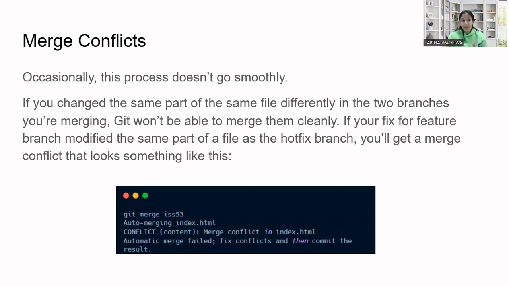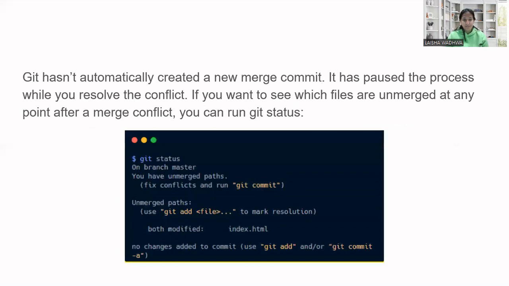What the scenario here is that Git is not able to merge the two branches correctly. So my feature branch basically modified the same part of the file as my hotfix branch, and I'm trying to merge it to master. So I get an error message that automatic merge, which Git was trying to do itself, has failed. That means I need to manually intervene and decide which lines to keep and which lines to remove.